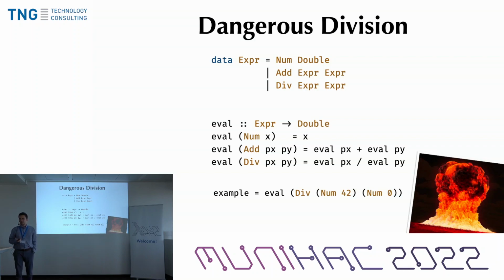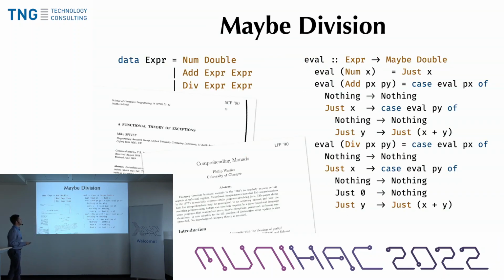One of the first things that you learn as a beginning programmer in Haskell to deal with these kinds of issues is you use a Maybe monad that allows you to either return just the value if things have happened successfully or Nothing if things have broken. That's the idea of what you can do with this Maybe division version of the expression handler.